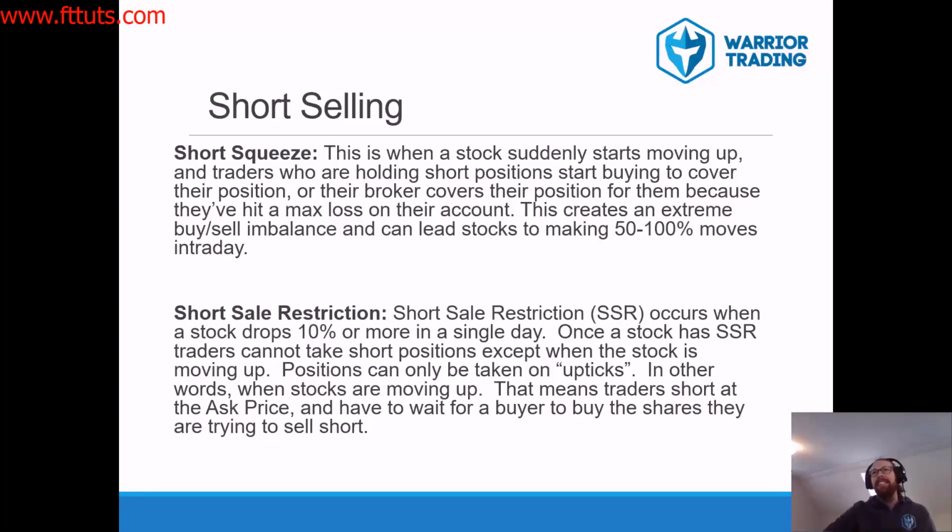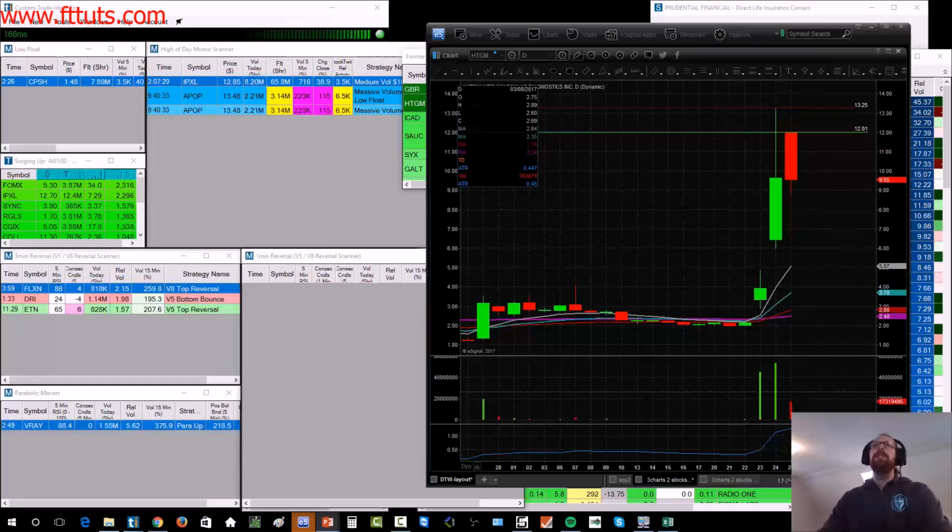All right. So when a stock suddenly spikes up 20, 30, 40, 50%, and you have a high level of short interest, people that are short are going to start covering, and that fuels the imbalance between buyers and sellers. So imagine a stock that has a 4 million share float and they come out with news. Well, let's just take a real example.